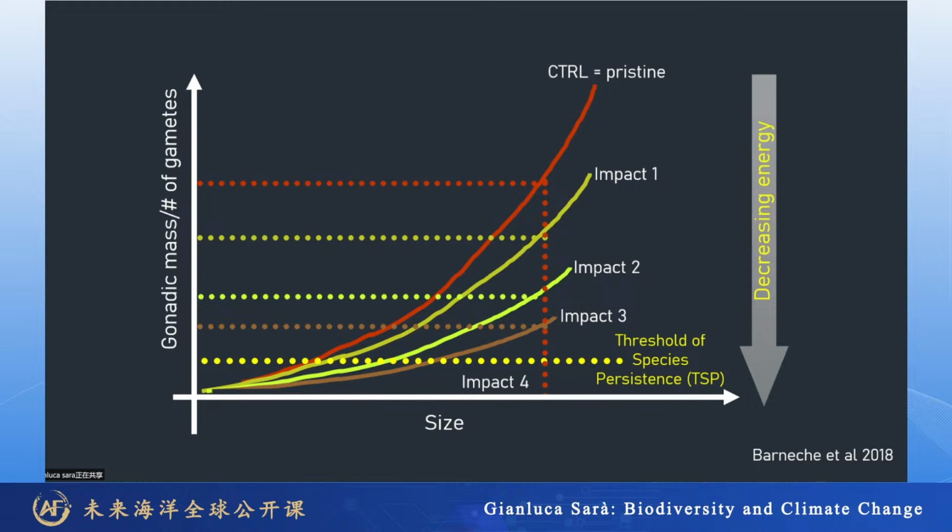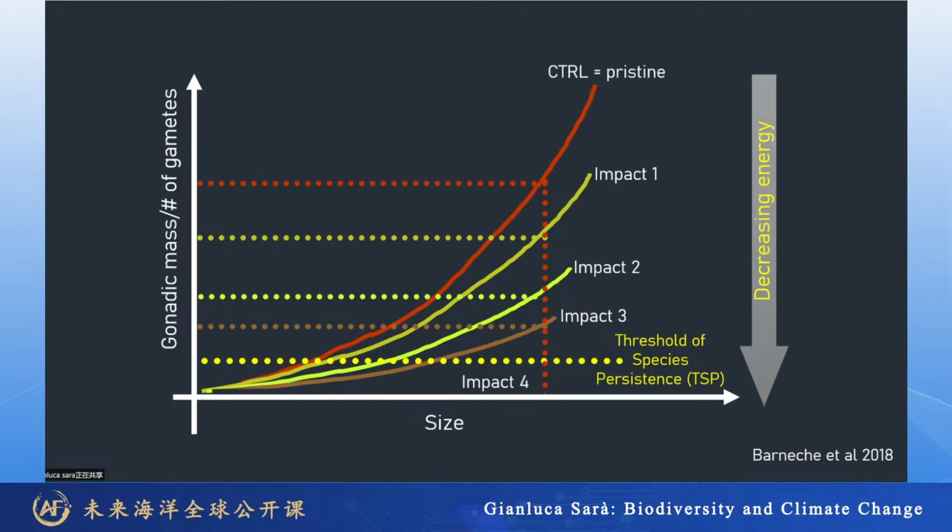cover shorter distance. So you can understand that we have biological and ecological effects interacting together, because an increase in temperature is able to affect other drivers. In general, multiple stressors affect the amount of energy. The amount of energy affects the body size. The body size affects the eggs.